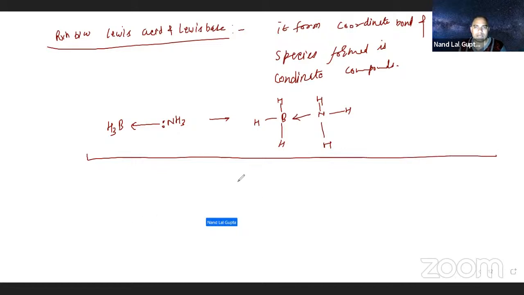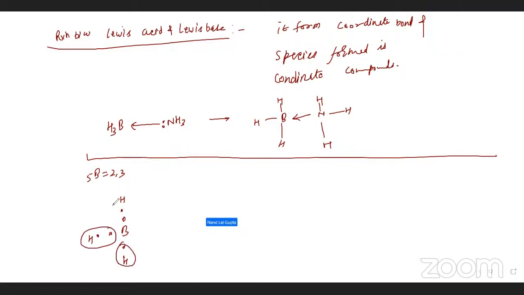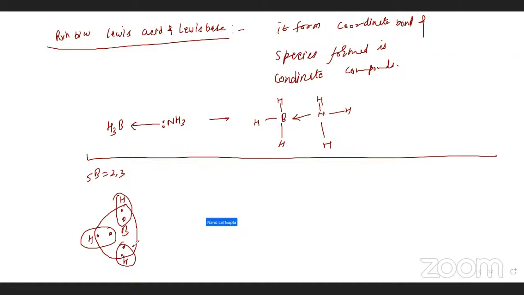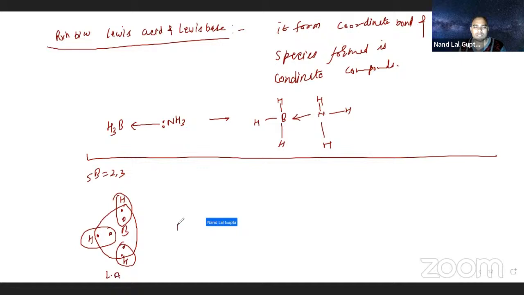Now you see here, boron has 5 electrons, 2 and 3. With the hydrogens, the total valence electrons is 6. So it is going to be a Lewis acid. Now in NH3, a lone pair is there.